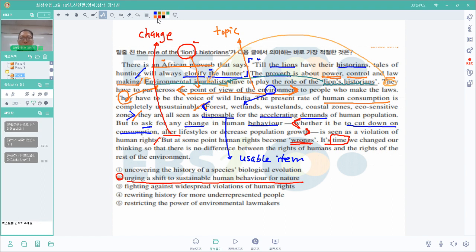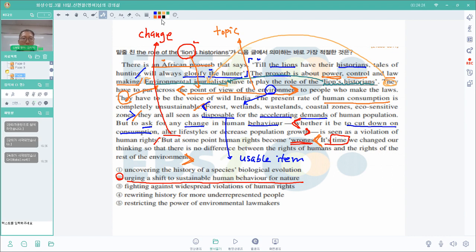So the lion is representing the environment. Okay? The historian is representing the environmental journalist. Okay? So the topic is the point of view of the environment, and the topic sentence here is, I guess, the last one. The topic sentence, of course, contains the topic itself.